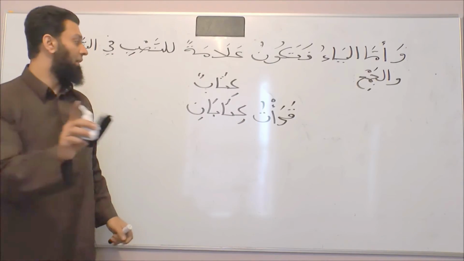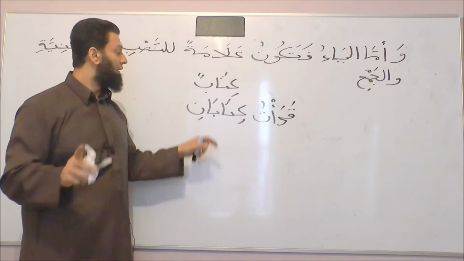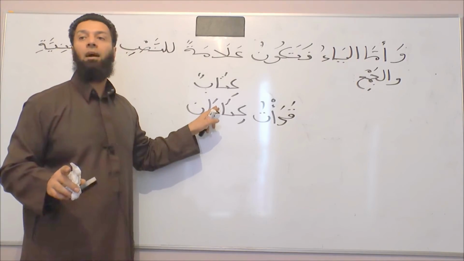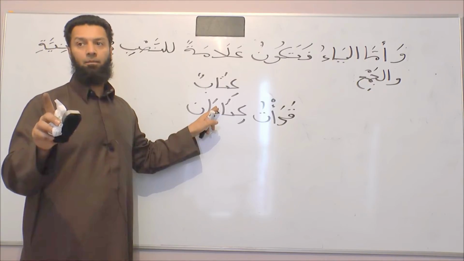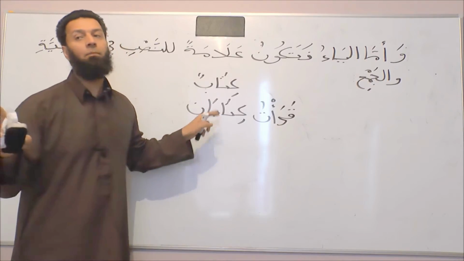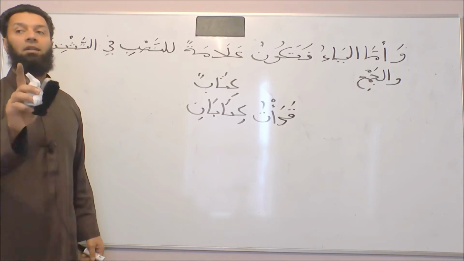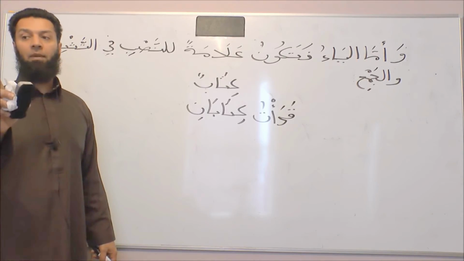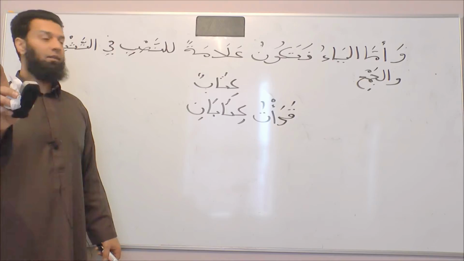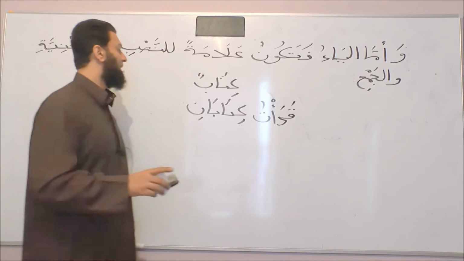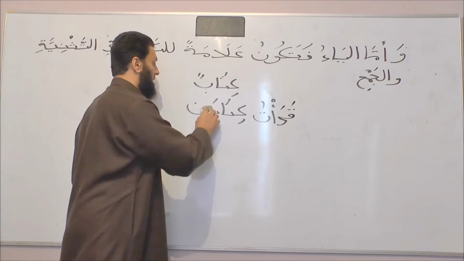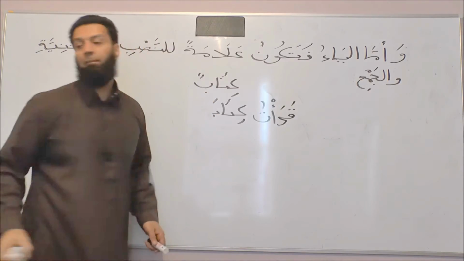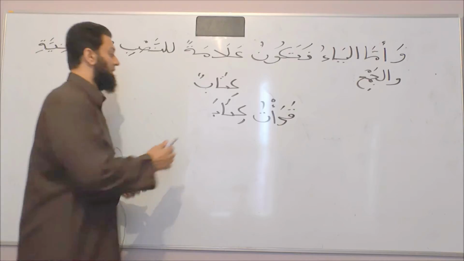So remember that there is a fatha upon the letter before the ya, whereas in al-jam' there won't be a fathah, there'll be a kasrah. Remember that, and I'll give you a clearer example in a moment. Kitab becomes kitabaini.